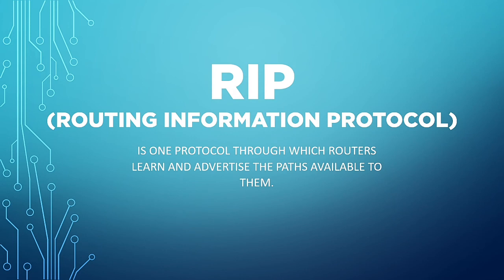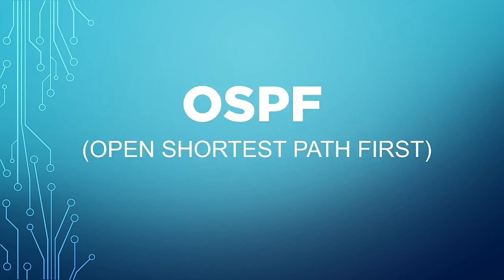RIP, or Routing Information Protocol, is one protocol through which routers learn and advertise the paths available to them. RIP is a distance vector protocol that uses the number of routers, or hops, along a path to determine cost. OSPF, or Open Shortest Path First, is a link state routing protocol that determines a packet's best path by taking other factors into account, including line speed and network congestion.